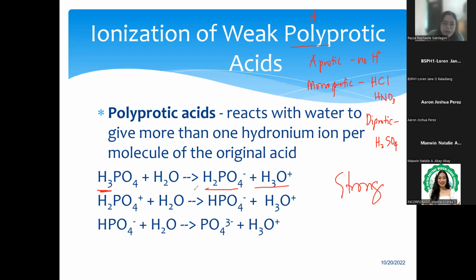And then, yung dihydrogen phosphate na nabuo will react with another molecule ng water kasi syempre pag nasa tubig, maraming molecule ng water yon. So yung succeeding na product will react again with another molecule of water to produce hydrogen phosphate. And then yung hydrogen phosphate will also react with another molecule of water to give the phosphate ion. So this is the phosphate ion ha. But nevertheless, all of the hydrogens of the phosphoric acid are being released in water.